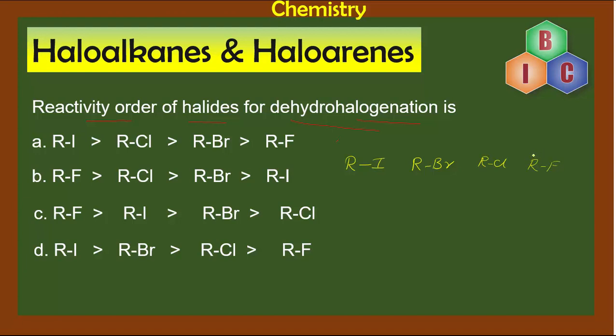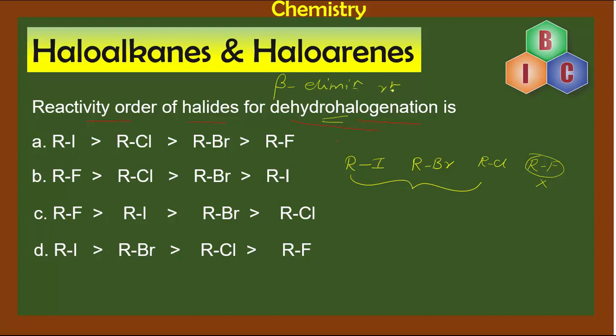Let's not focus too much on fluorine because hardly any compounds have fluoride present with an alkyl group. But for these three, when we compare the reactivity order, the bigger the halogen atom size, the more highly reactive it is towards dehydrohalogenation reaction, or otherwise also called beta elimination reaction.